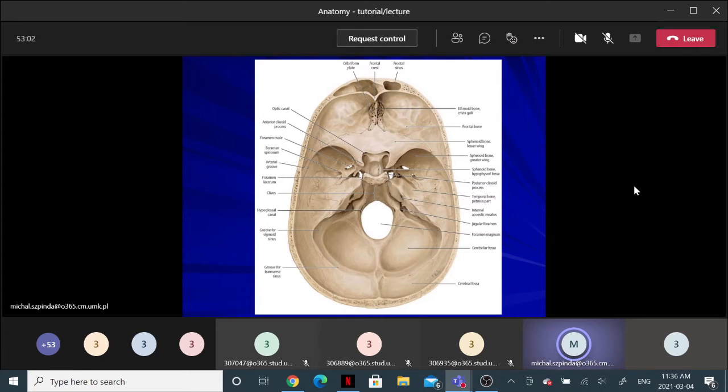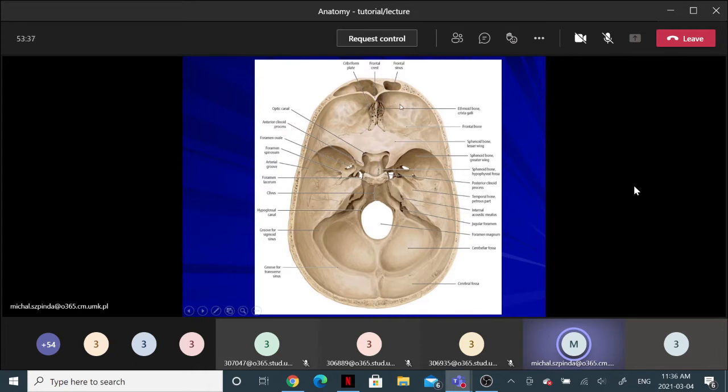Oh, I'm sorry. So apart from this, in the anterior cranial fossa, we have two ethmoidal foramina that lead to the orbit. The anterior ethmoidal foramen is just at the anterior lateral angle of the cribriform plate and joins the orbit.